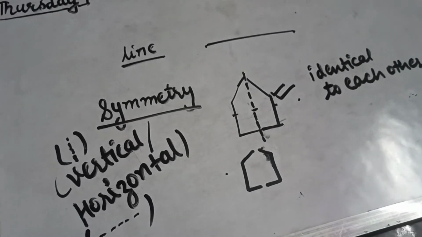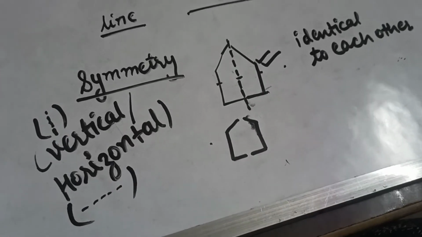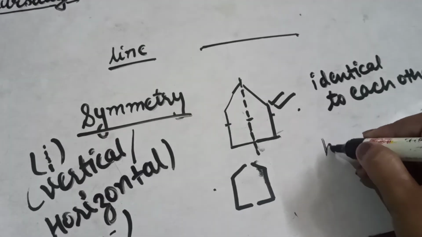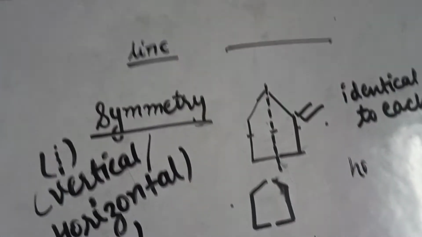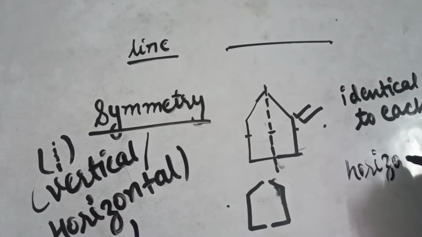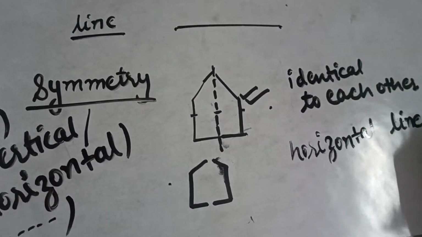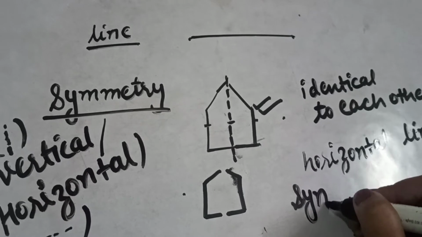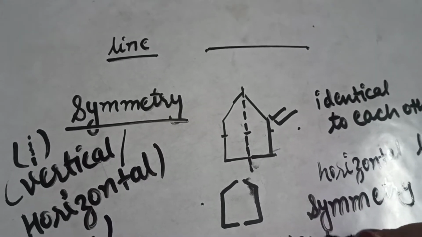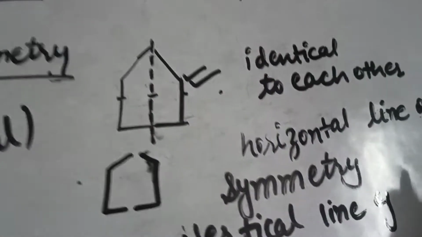After this, there are two types of symmetry. The first symmetry is the same as the name, horizontal line of symmetry, and the second is vertical line of symmetry.